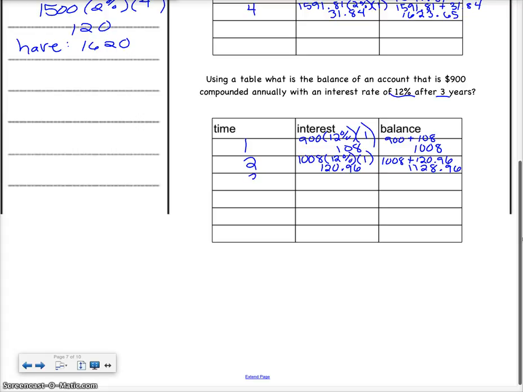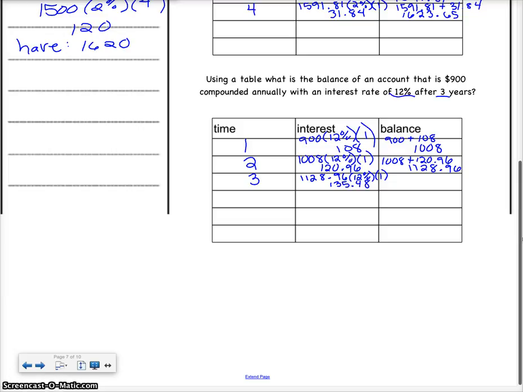Last year, year 3, I bring that new interest, and now I'm earning interest on the 2 previous times I've already earned interest. 1128.96 times 12% times your 1 year. I like to just keep your numbers stored in your calculator, and it's much faster to do these little calculations. So now I earned $135.48.